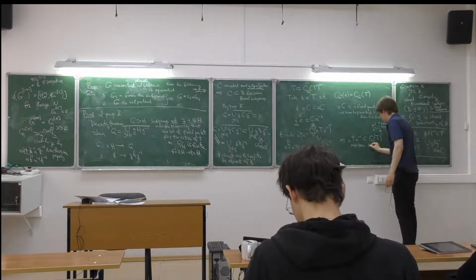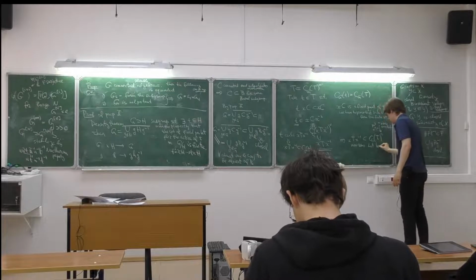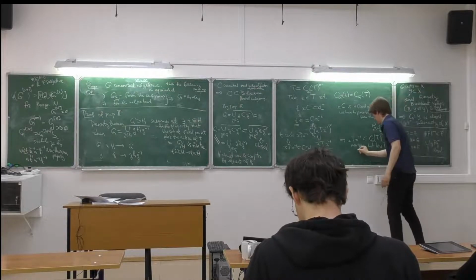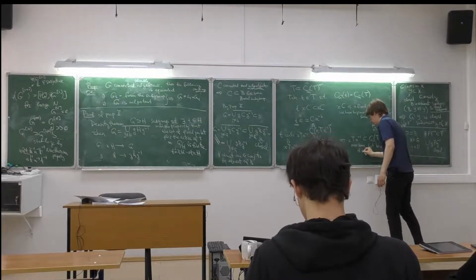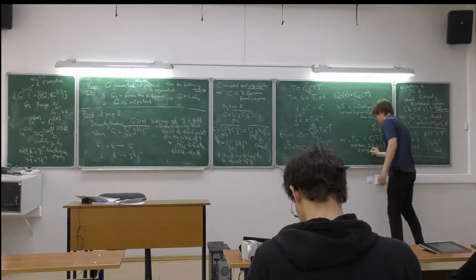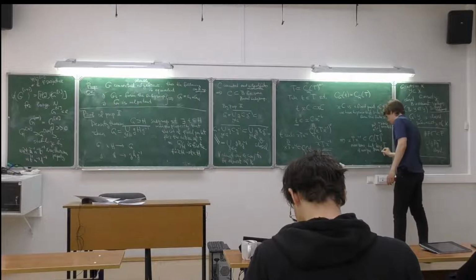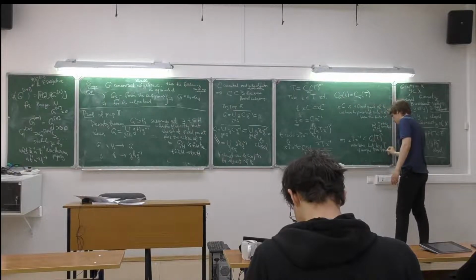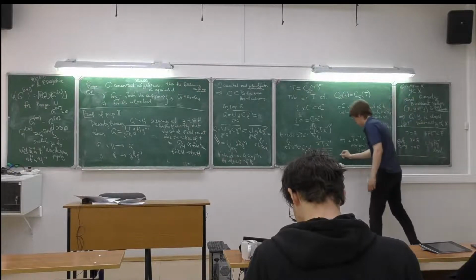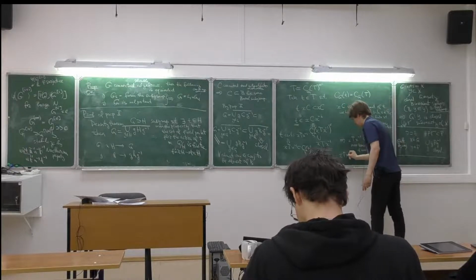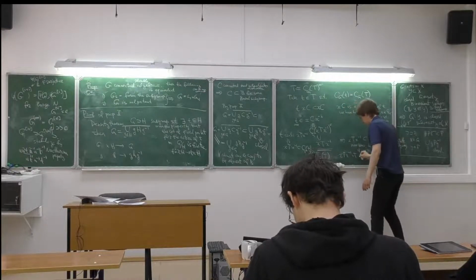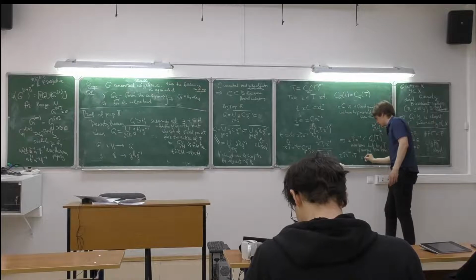So here T is the unique maximal torus. So this implies that xTx inverse is just T, and x is in the normalizer.